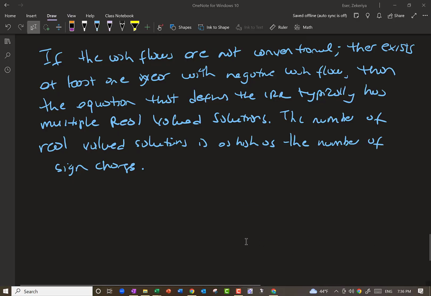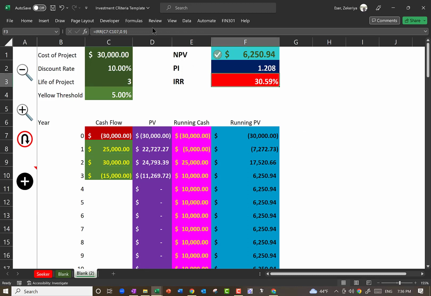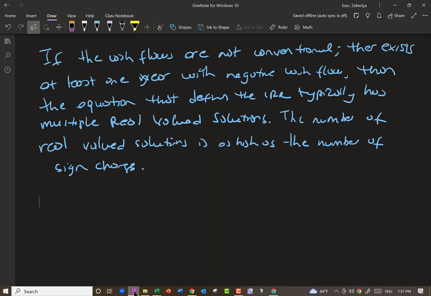All right, let's resume. Okay, as we have seen, there are issues with IRR when the cash flows are not conventional. What we do, if you insist on using something like IRR, is something called modified IRR, or MIRR.